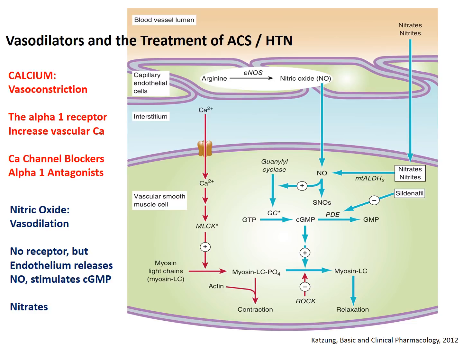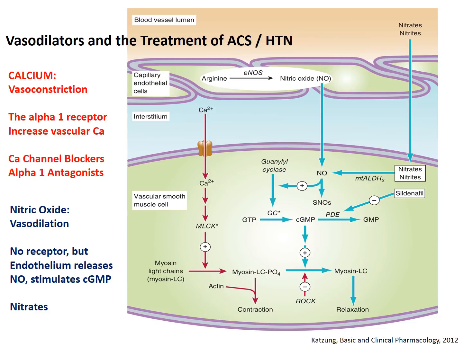That vasoconstriction is reducing blood flow. What we want that smooth muscle cell to do is relax and stop contracting so we get vasodilation and increased blood flow. So endogenously, we vasoconstrict through calcium, but endogenously, we vasodilate through a product called nitric oxide, NO. In the endothelial cells, the amino acid arginine is broken down into nitric oxide.